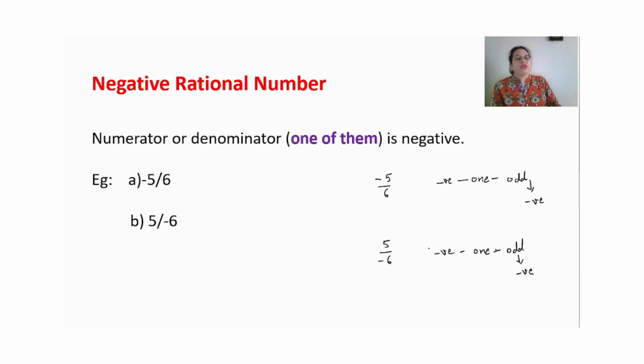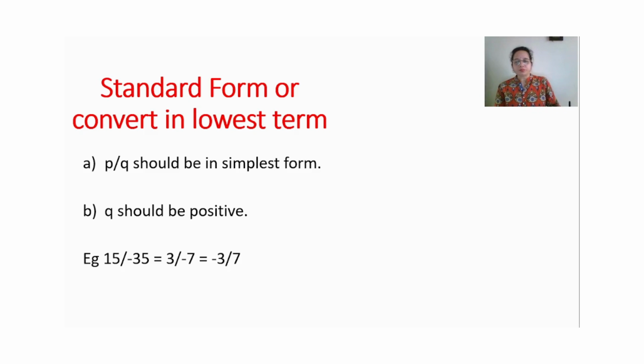Again, if you have any doubt in this part, you can watch my video on multiplication and division of integers. The total number of negative signs is 1, so it is a negative rational number. Either the numerator or denominator, if one of them is negative, then the rational number is known as a negative rational number.